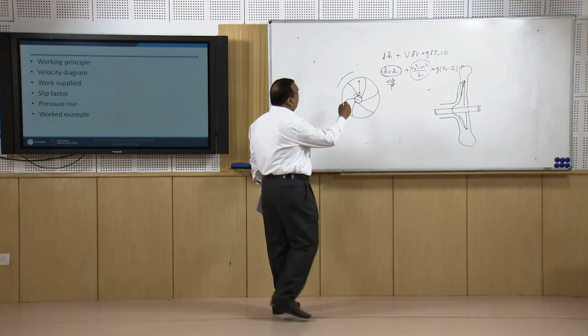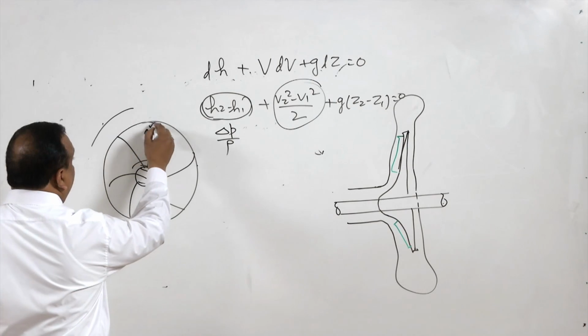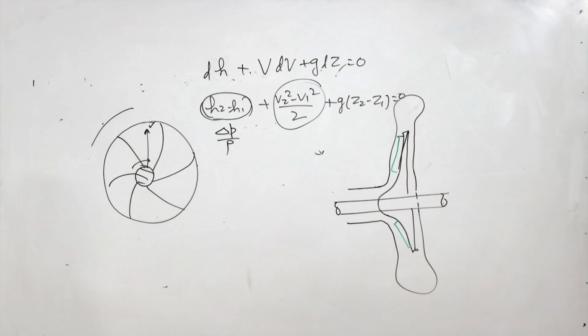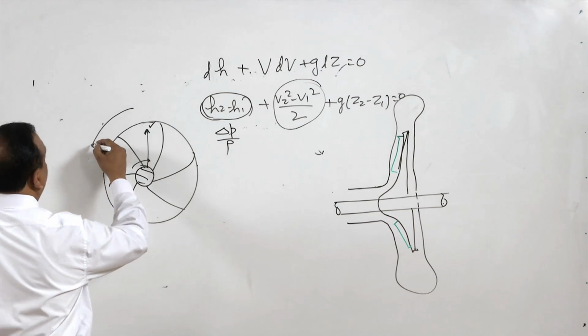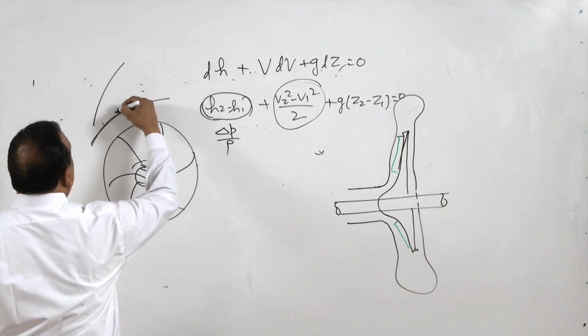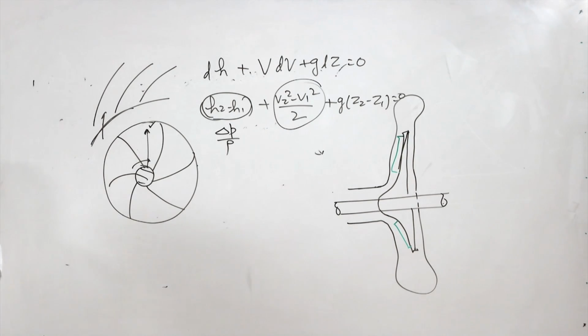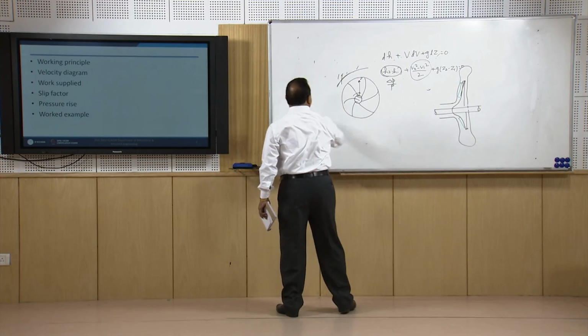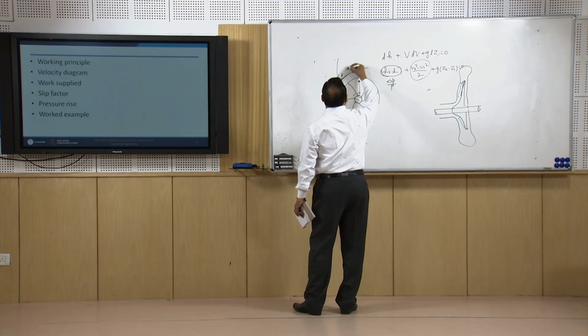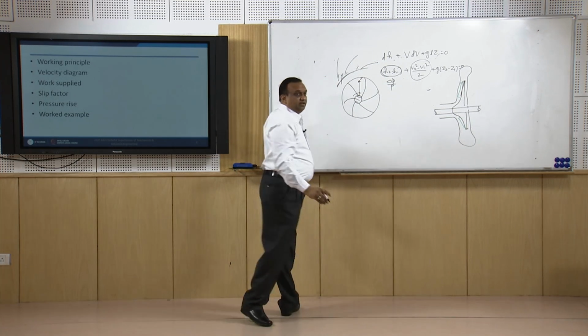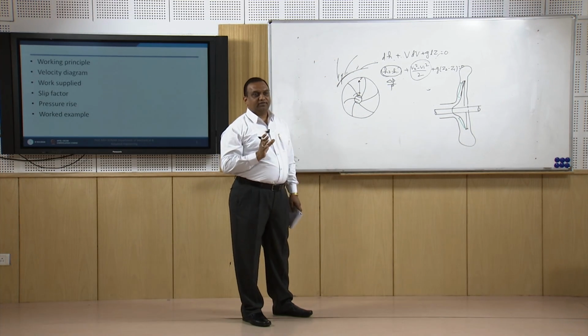Then this kinetic energy is converted into pressure energy in a diffuser. There are two types of diffuser, one is the vaneless diffuser, another is the vane diffuser. When the air enters the vane diffuser, which is also a diverging section, the velocity is reduced and the pressure is increased.